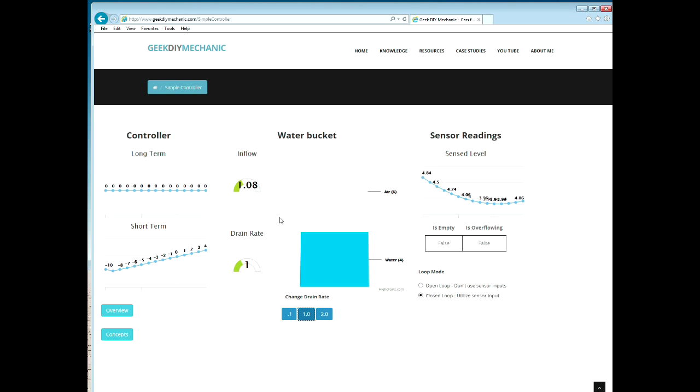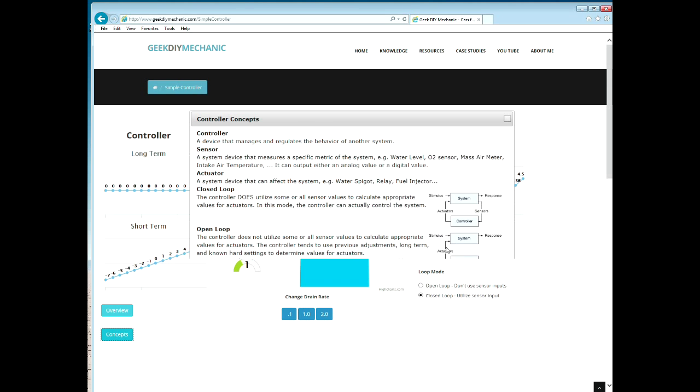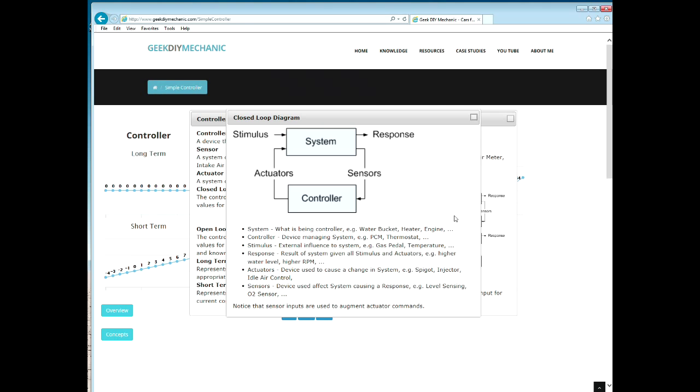Again, most of the time the car is in closed loop. The controller wants to get the system in a well-known steady state based on stimuluses: your foot, temperature changes, altitude changes, leak.